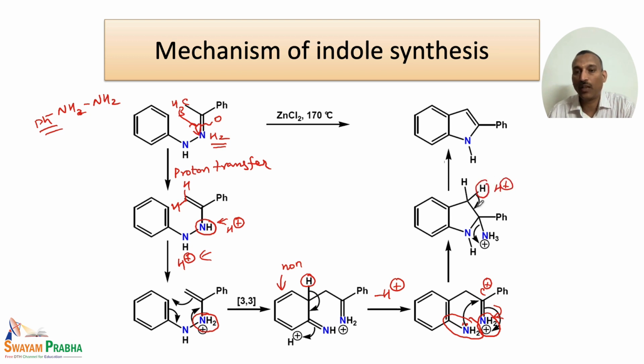So these bonded electrons are now shifted between this carbon and the adjacent carbon, and the hydrogen that is lost from here comes and attaches itself to this NH2 plus, and that leads to an ammonia molecule being lost. So the final step is the loss of the ammonia molecule, and this leads to the final cyclized product, that is, the indole is formed like this. This is the overall mechanism for this reaction, and in this reaction we have a loss of ammonia.